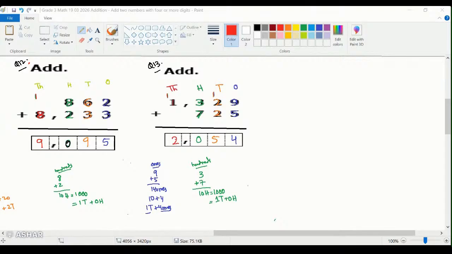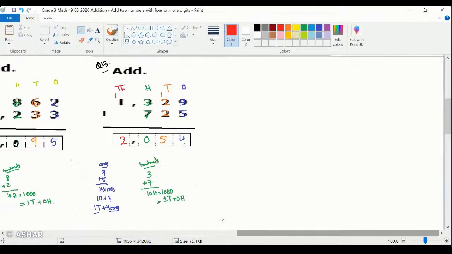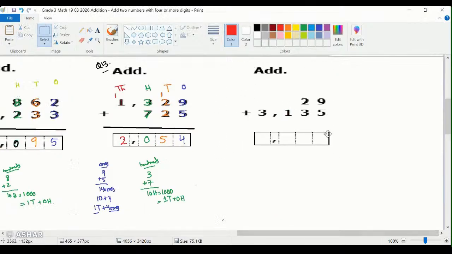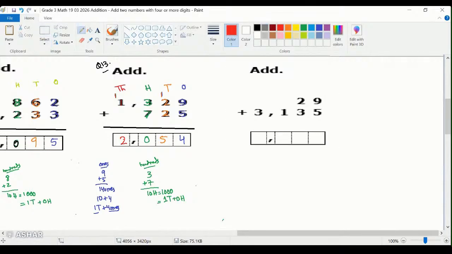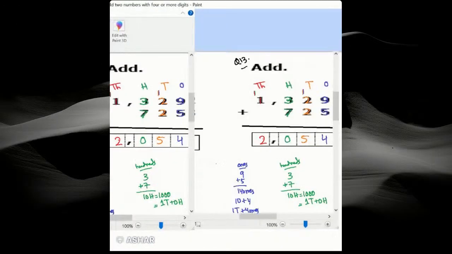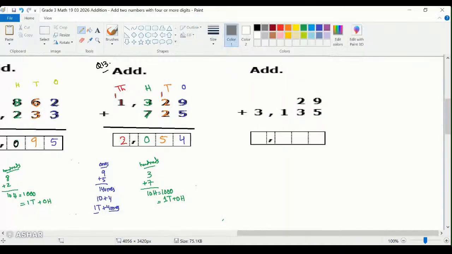Agreed? Okay. One more example, then we do the test. If we are adding a 2-digit number to a 4-digit number, question number 14 says add the numbers together.